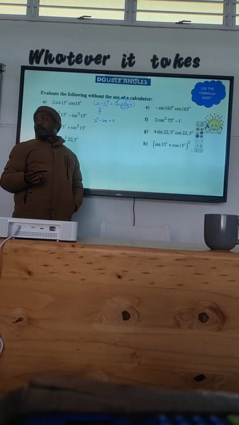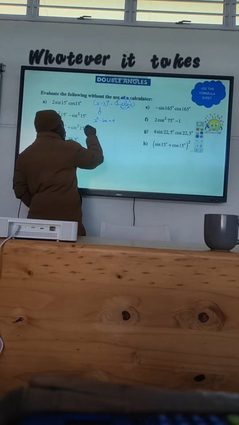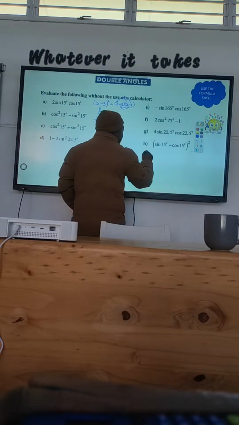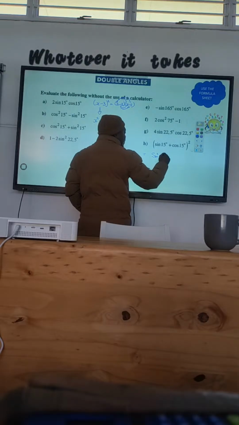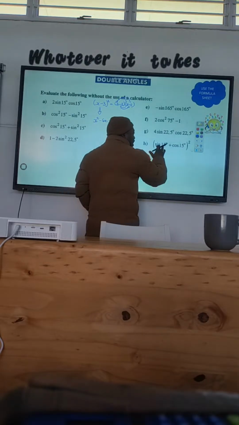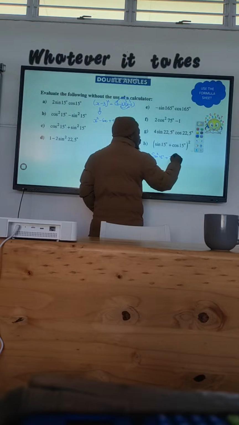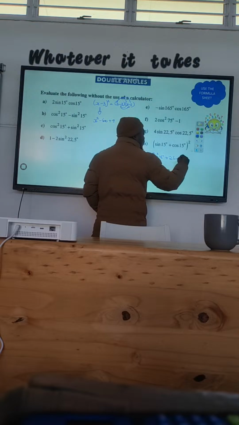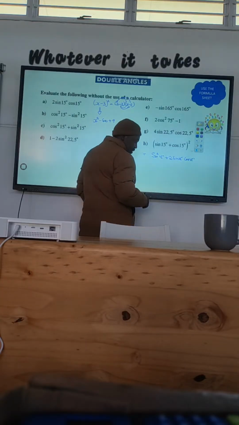Are we following? Now with this one, you can choose to say, okay, this will be the same as sine squared of 15, then multiply the 2 and multiply by 2. Sine multiplied by cos will be sine cos multiplied by 2. It will be a positive 2 sine of 15 cos of 15.